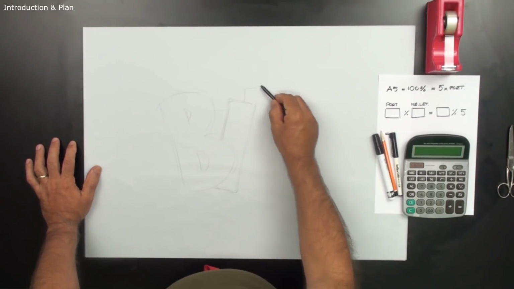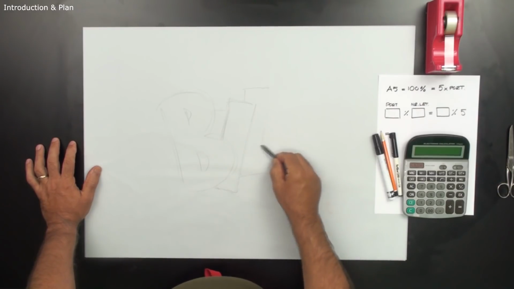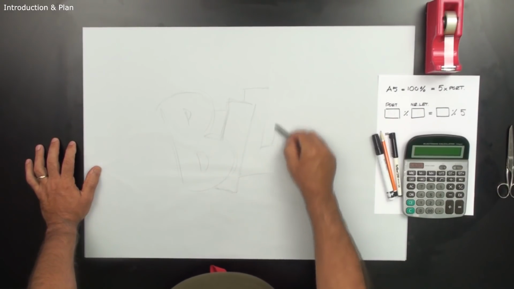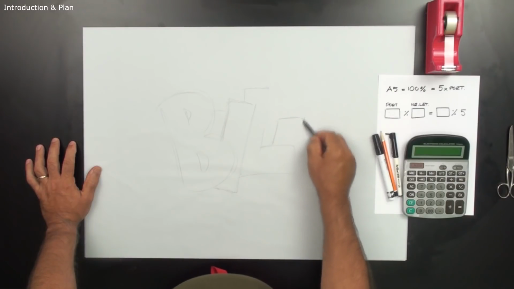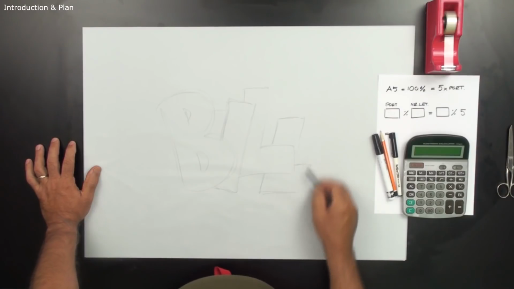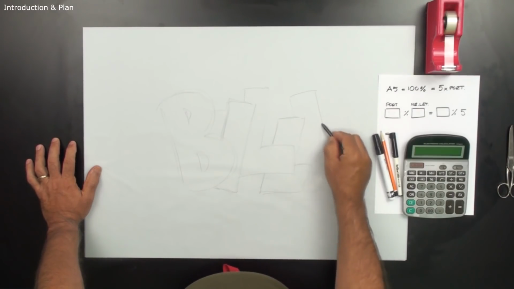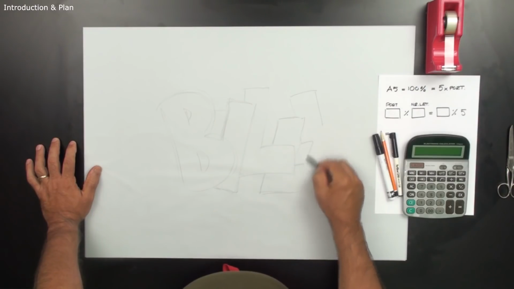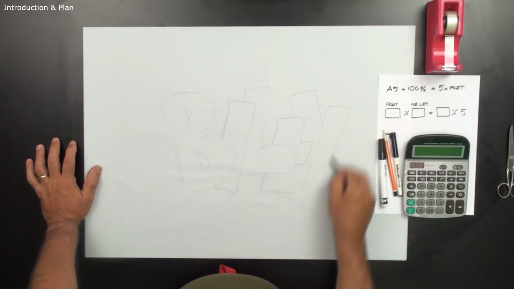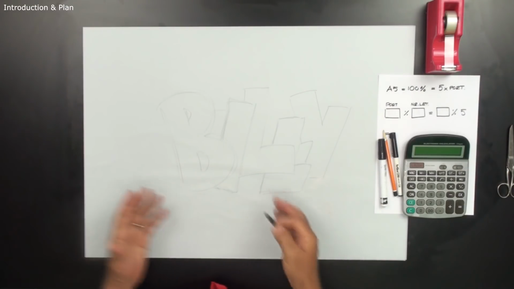Then maybe it looks like this. Next letter. Maybe it looks like this. And then maybe the Y looks like this. So that will be approximately the style of it.